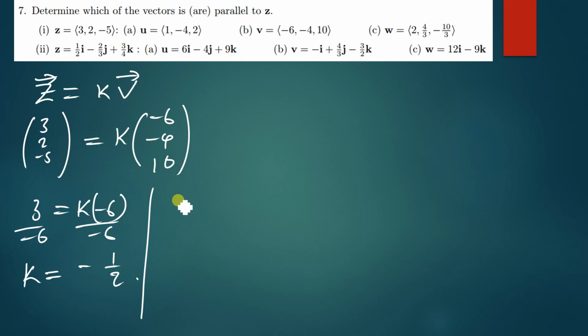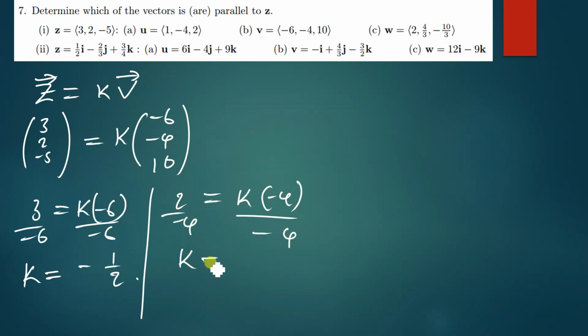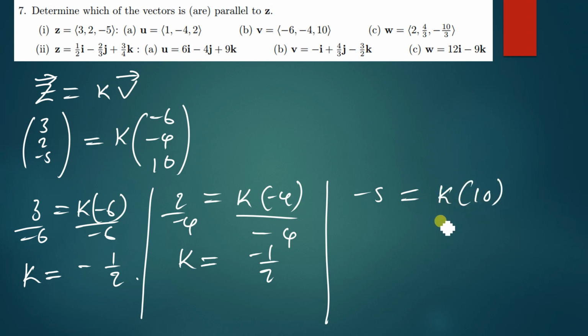Move on to the next case there. We have 2 is equal to K times -4. When you divide everything by -4, the value of K becomes -1/2. We move on to the third part. The third part is -5 being equal to K times 10. When we divide by 10, the value of K is -1/2.